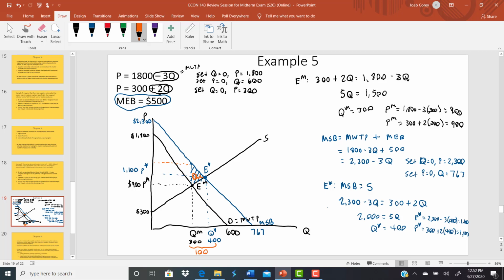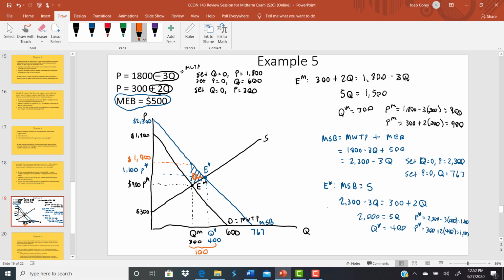you can just remember that our new marginal social benefit curve is exactly 500 higher than our original demand curve, right? In other words, you add that 500 to the PM, or the original price that you calculated, and you should get 1400.